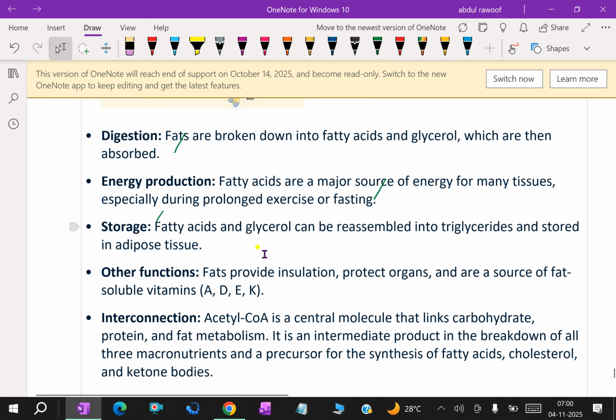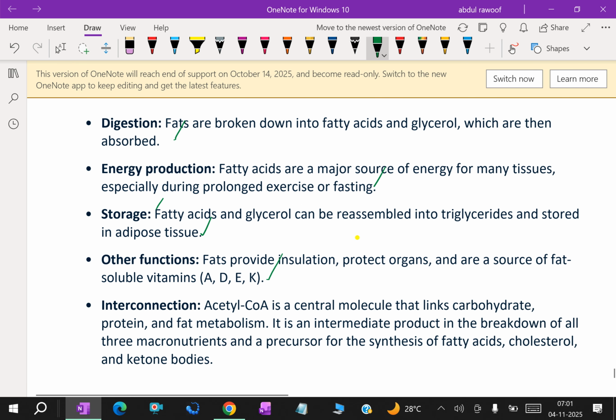Storage. Fatty acids and glycerol can be reassembled into triglycerides and stored in adipose tissues. Other functions: fats provide insulation, protect organs, and are a source of fat soluble vitamins A, D, E, K.